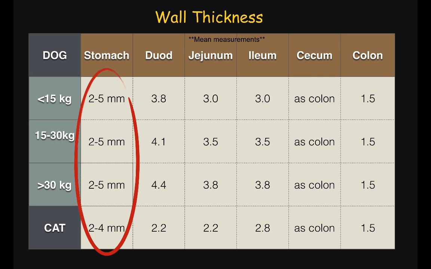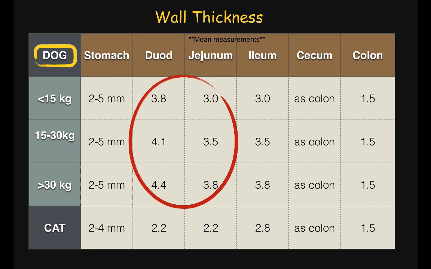We can see there is a wide variability of wall thickness from 2 to 5 millimeters, as the stomach is a very large hollow organ that will greatly change in size from being collapsed to distended with variable amounts of fluid, gas, or ingesta. And this is true for both dogs and cats.